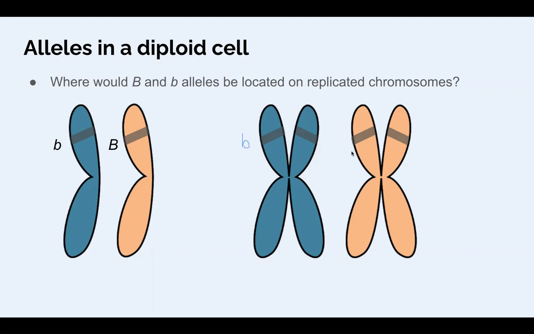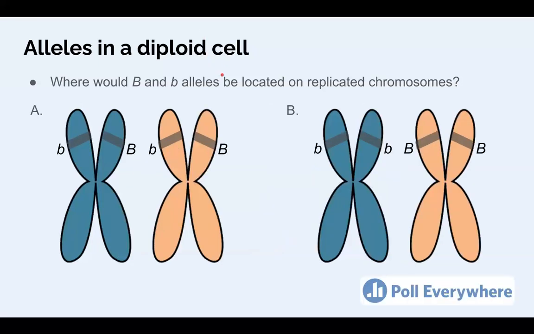So if we start with little b on the bluish chromosome, big B on the orangish chromosome, then by copying blue, we get little b on the same chromosome as the little b, and a big B on the same chromosome as the big B. All right, these two halves are identical. So we kind of did that one, but if you want to quiz yourself on how these would look, you can come back and try this one again.